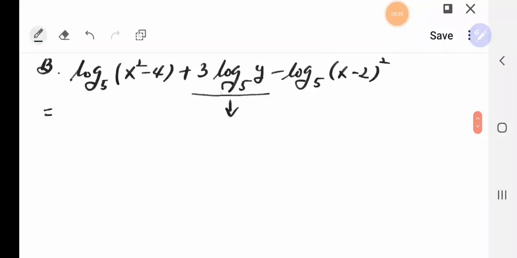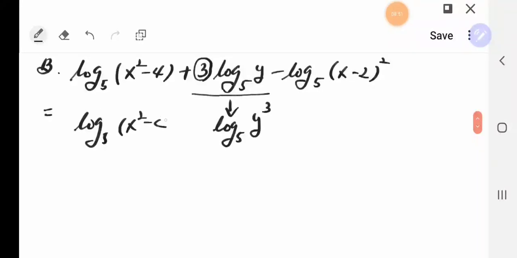Let's move this 3 to the exponent of 5. So this will be logarithm base 5 of y cubed. And the first one stays the same. The last one is also the same.